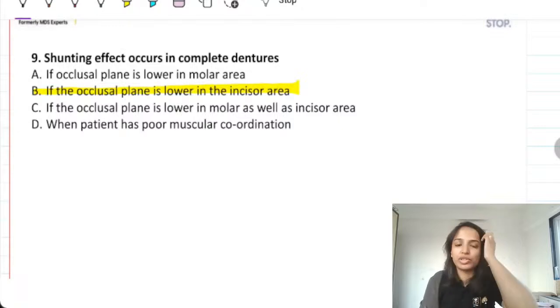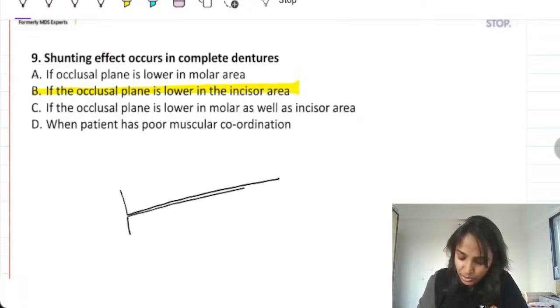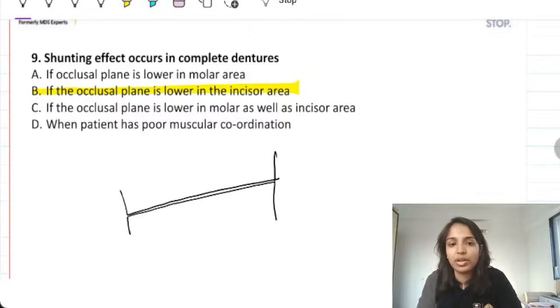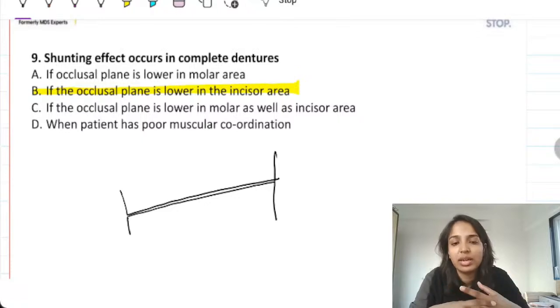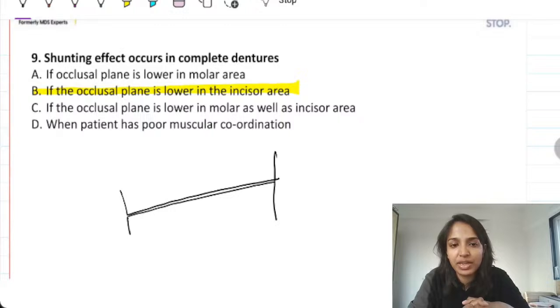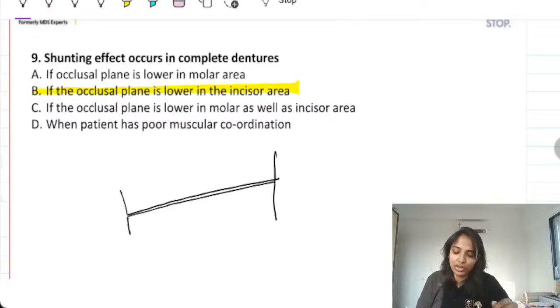But to solve your question is, when your occlusal plane is lower in the incisor area in comparison to the molar, you will have an unpreferred forward movement, very specifically of the denture, specifically your lower denture.